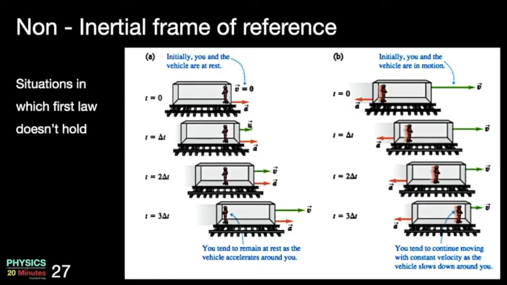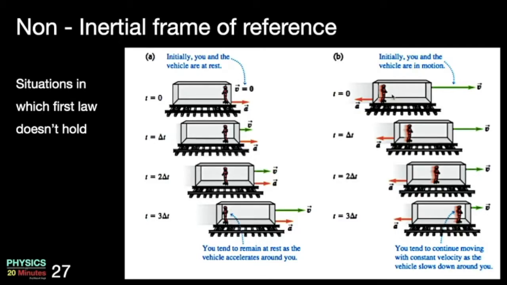How is that person going to describe the situation? The person is going to say that the rail wagon is accelerated to this side, because the distance between the other end of the rail wagon and him will go on decreasing. So this distance you can see is decreasing continuously.